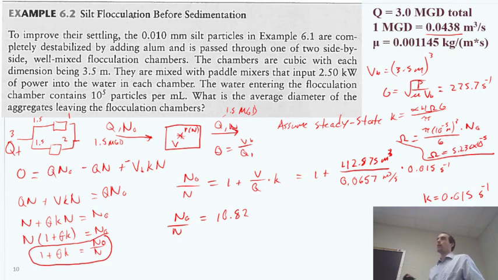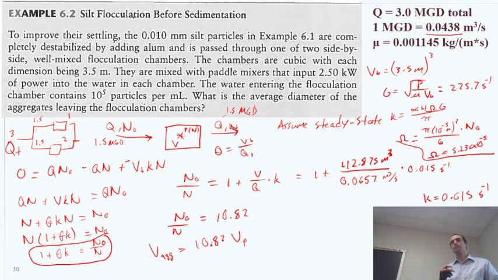So when we compare the volume of the initial particles to the final particles, they should correspond, right? The volumes are going to be conserved. So we could say the volume of an aggregate should be 10.82 times the volume of the initial particle.